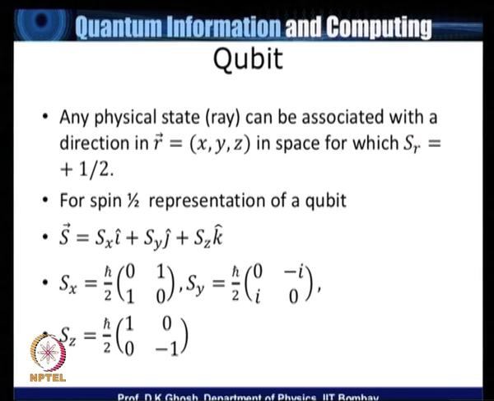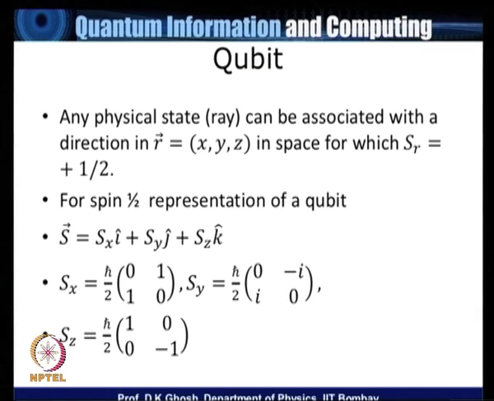Now we are aware that for spin half, the qubit representation is given by vector s is equal to sx i plus sy j plus sz k. This is an important point which is used frequently, so I would spend a bit of time on it.